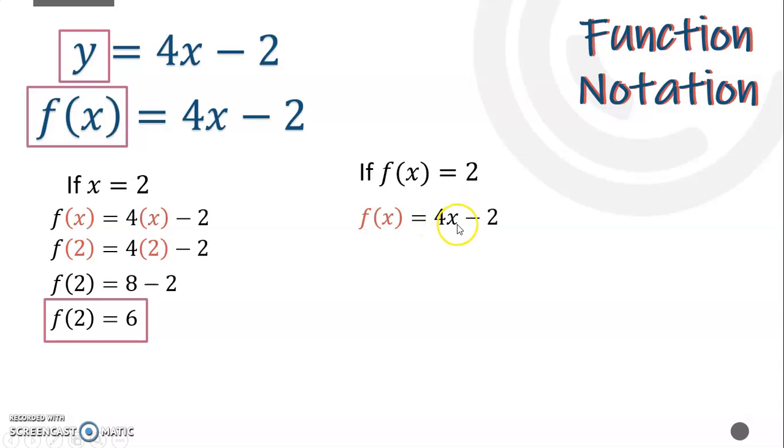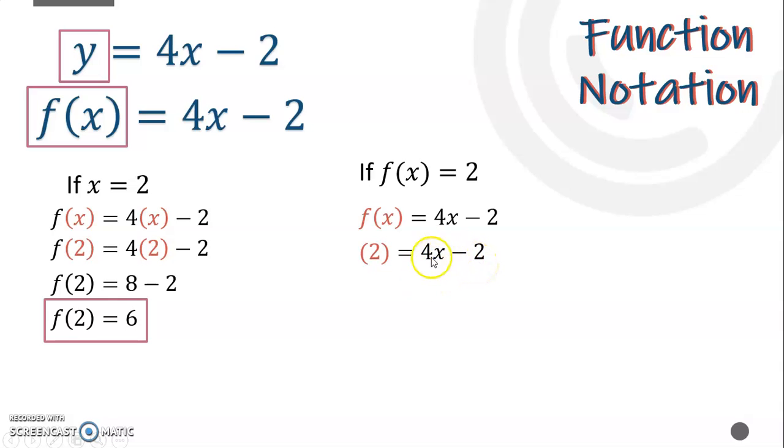You will not touch the x, because what you need to find here is the value of x when fx equals 2. So I'm going to substitute: instead of placing f of x, I'm going to place 2. 2 equals 4x minus 2.